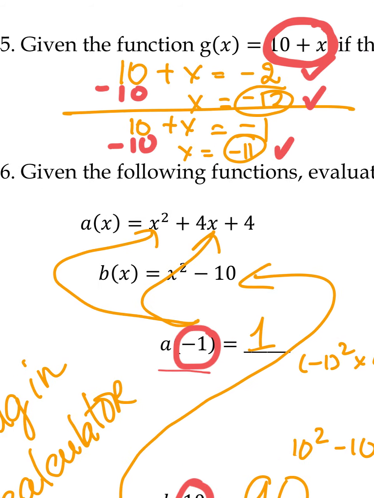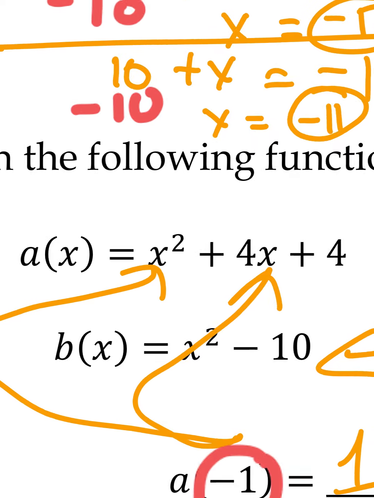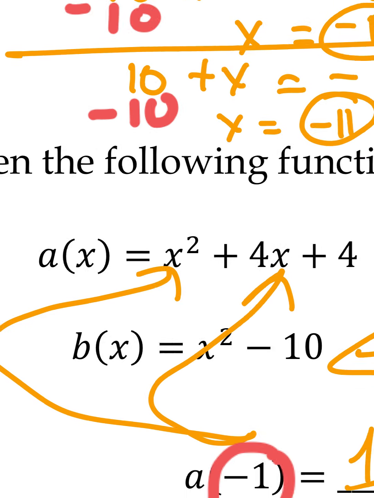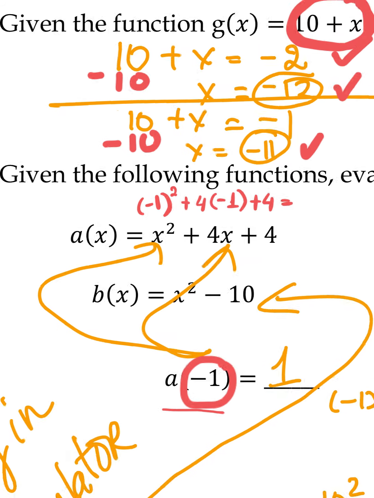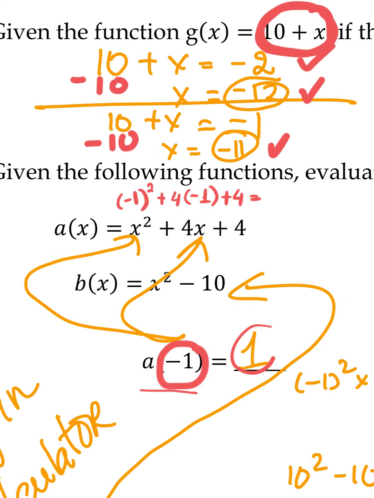So x now becomes -1. What we're going to put in the calculator is -1 raised to the power of 2, plus 4 times x, which is now -1 again, plus 4. Put the whole thing in a calculator, and you will find the answer is 1.